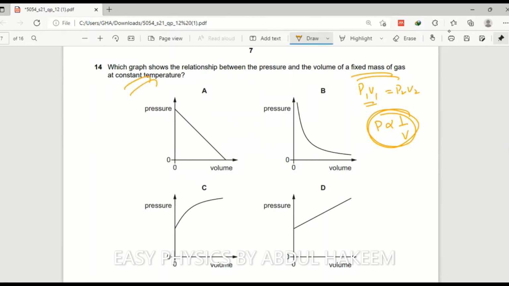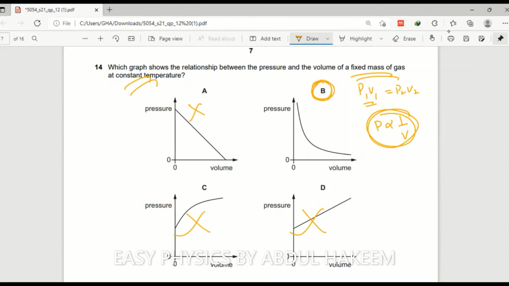Boyle's law. So for the inversely proportional relation, the line must be a curve and will never touch any axis. So this is not the answer. This is not the answer. This is not the answer. So the answer is B.